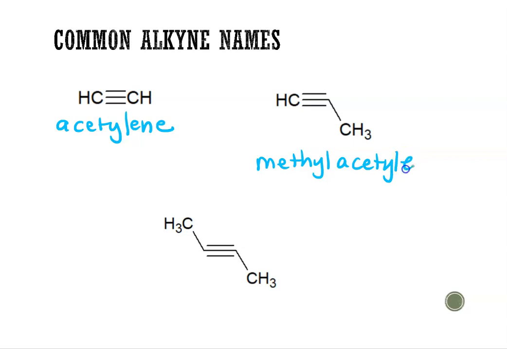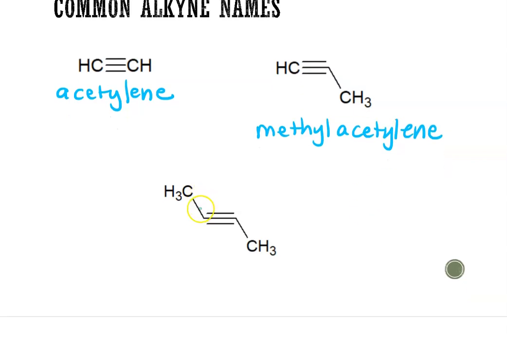I know. Common names are annoying. And then here, instead of being called 2-butyne, 1, 2, 3, 4, 2-butyne, this is, you guessed it, dimethyl acetylene. Really good times. Really, really good times.